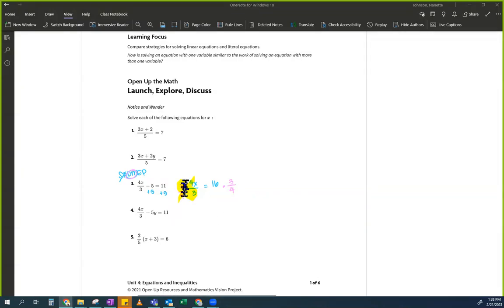So then that is just a 1 and that is a 1. So 1 times x is just left with x. Do you see this as 16 divided by 4?